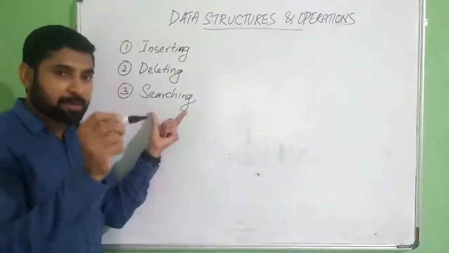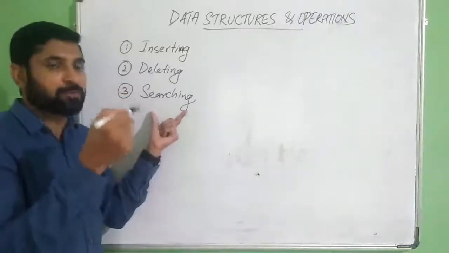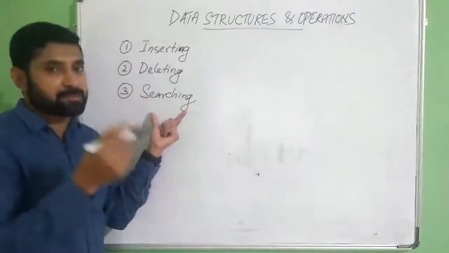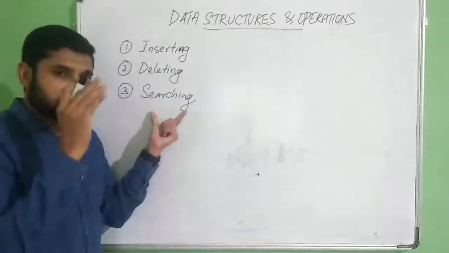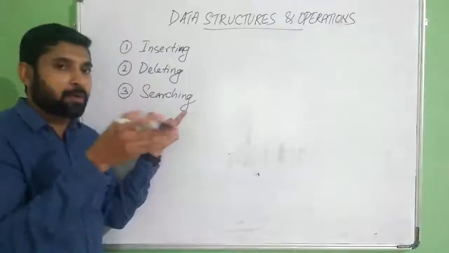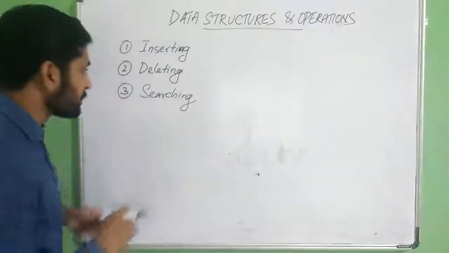A key is given. The key is the item to be checked, to be found out. We go through the list. Sometimes that item may be present two or three times. So specifying or finding out the position of that particular key or element in the list is also called searching.